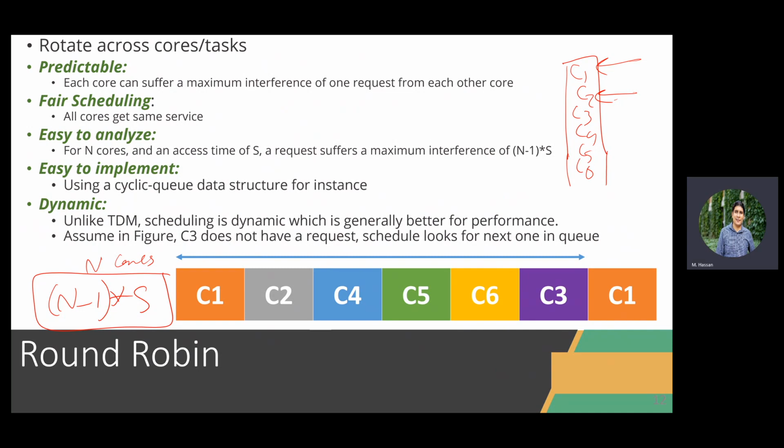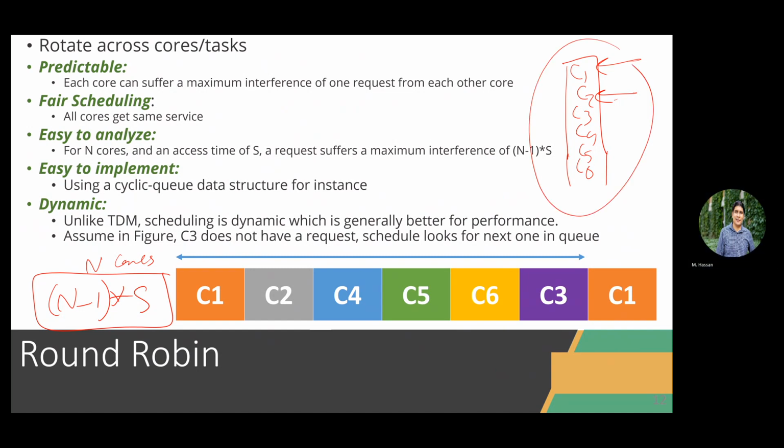But the main point is I was able to derive a worst case latency. What does this mean? It means round robin is predictable. This is our definition of predictability. It's also fair, because every core gets one slot in a round. It's easy to analyze, because again, we analyzed it in a couple of minutes. It's easy to implement, because I told you that it can be implemented easily using a cyclic queue.